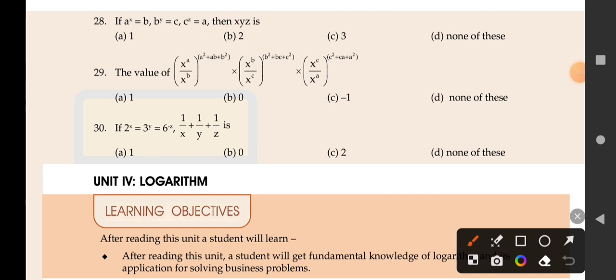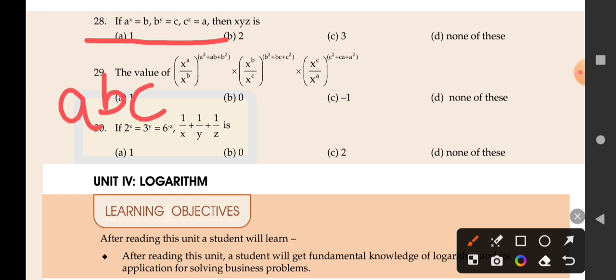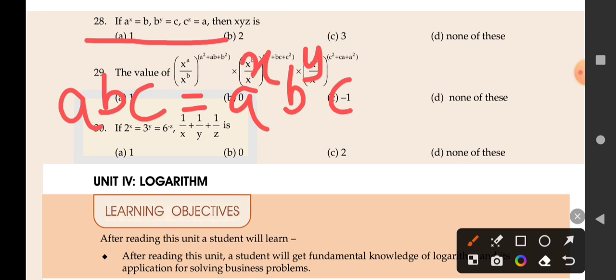Okay. Next question, question number 28. Again, it is a very simple question. Now, the equations are given and you have to find out x, y, z. Let us first multiply all the three equations. What do we get? We get RHS equals ABC and LHS equals A power x, B power y and C power z. So when you multiply the given equations, we are getting this, right?